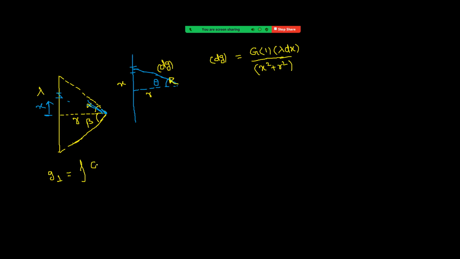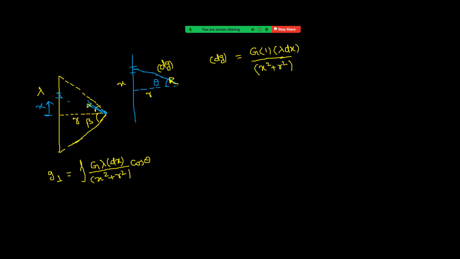The value of dg is G lambda dx upon x square plus r square, into cos theta. Now we have to integrate this one.